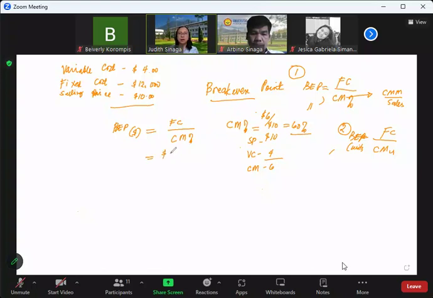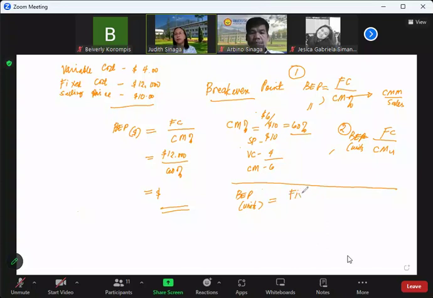You now divide the fixed cost of 12,000 over the contribution margin percentage. So you now get a break-even point of how much? This is how you will compute it, okay? In case I need the break-even in units, you just divide the fixed cost.